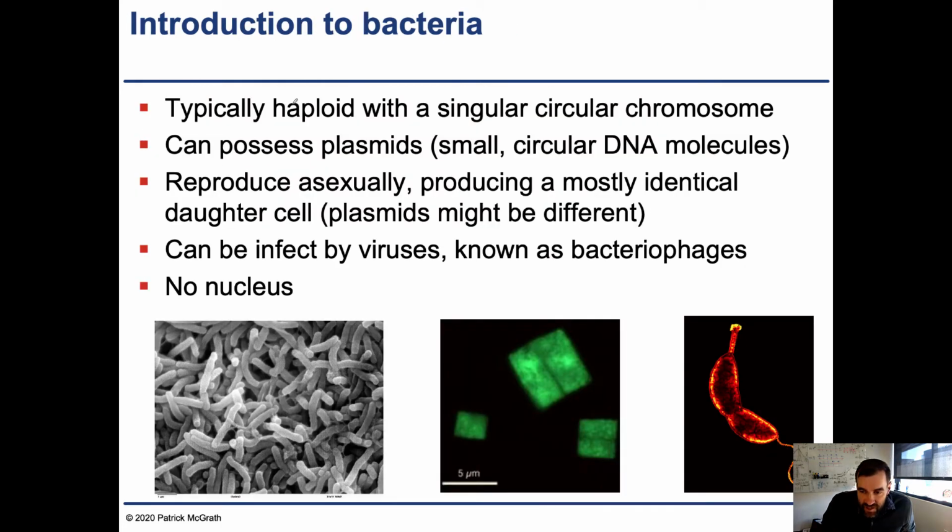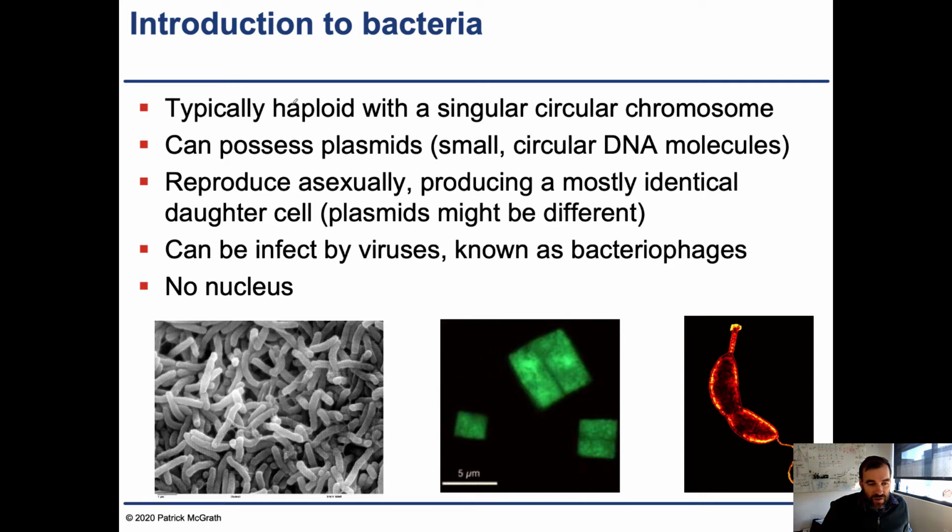Some of you might be familiar with bacteria already. If you've done any molecular biology, you might have done a mini prep in order to isolate plasmids from E. coli bacteria. But there are tons and tons of different bacterial species, and bacteria are found pretty much everywhere that you can find any sort of life.